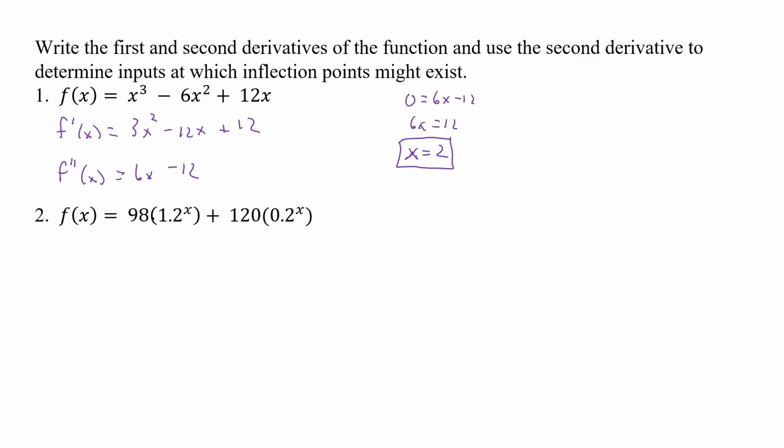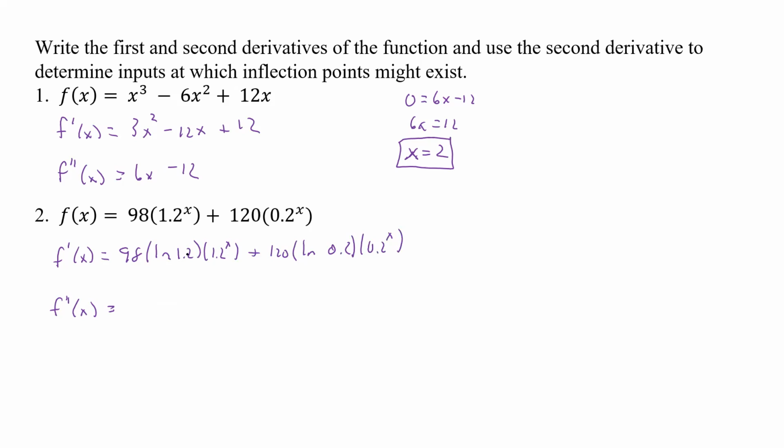What about this one? Okay, well, we're going to do the same thing. We're going to find our two derivatives, first and second derivative. So this is going to be 98 times, well, again, this is going to be ln of 1.2 times 1.2 to the x plus 120 times ln of 0.2 and then times 0.2 to the x.